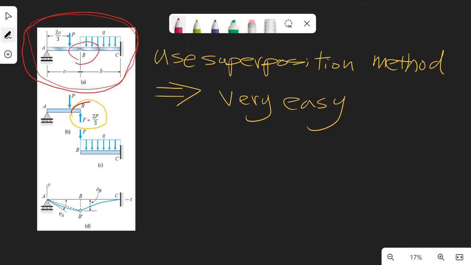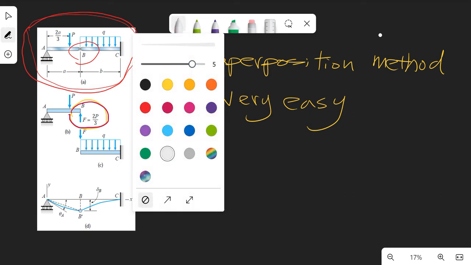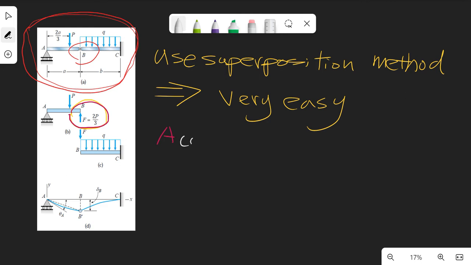Actually, the reaction force is very easy to find according to the equilibrium equation.